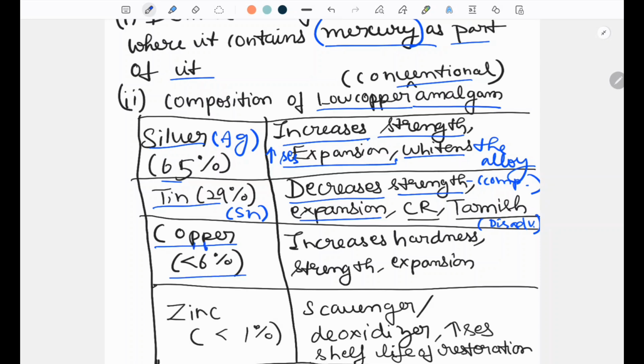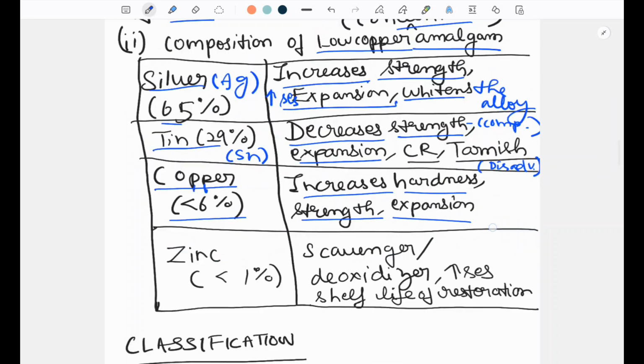Copper less than 6 percentage increases hardness, strength and expansion. Copper is very important in terms of the strength, hardness and expansion of the restoration, so nowadays copper is used increasingly in dental amalgam alloys.